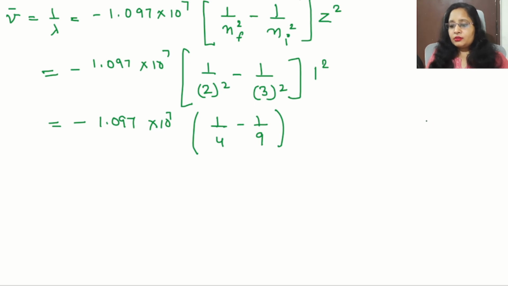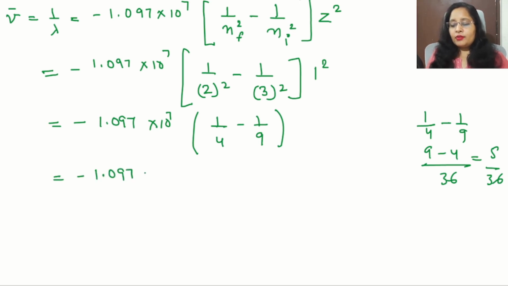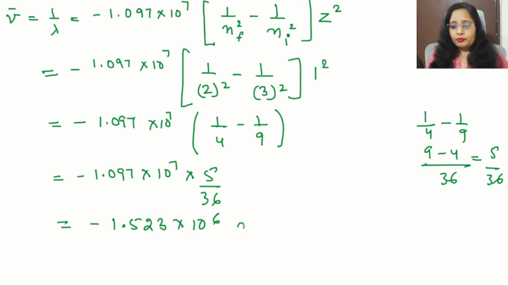Now first we will solve within the brackets. It will be 36, 9 minus 4, so 5 upon 36. So we can write minus 1.097 into 10 to the power 7 into 5 by 36. After doing all the calculations, we get the answer: minus 1.523 into 10 to the power 6 per meter. The unit of wave number is per meter. Now this is the final answer.